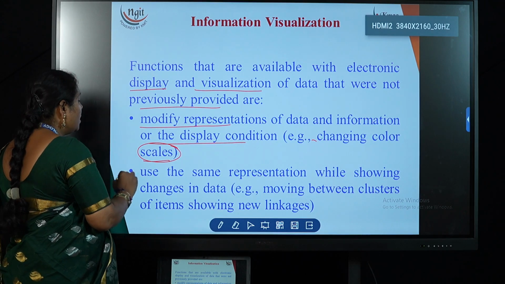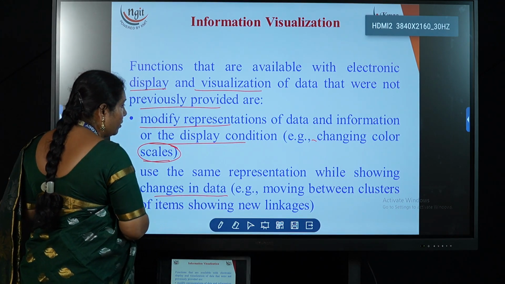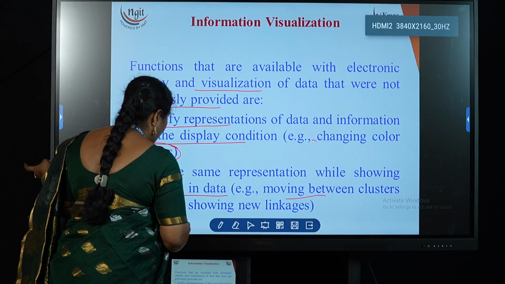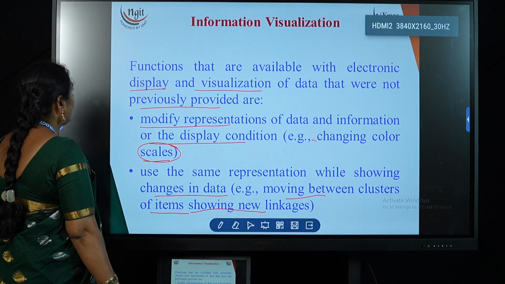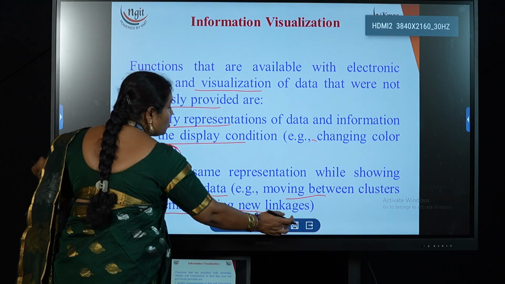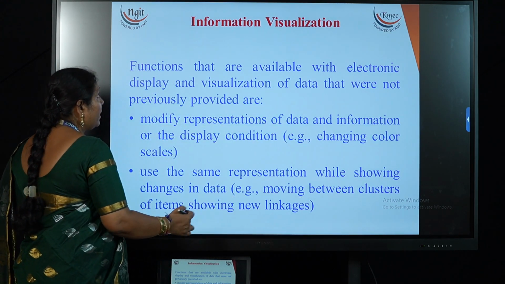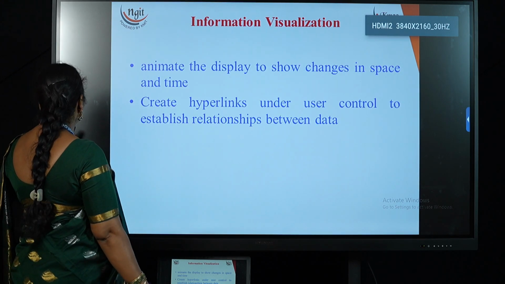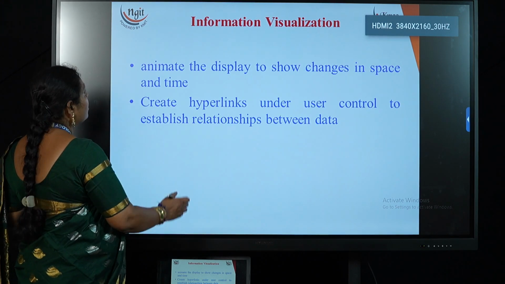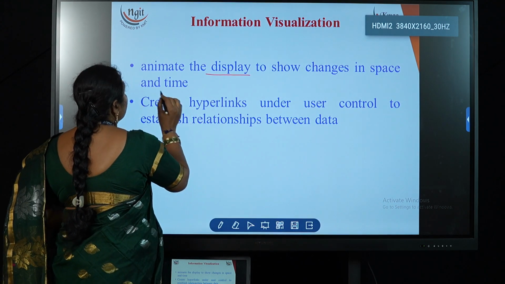Second point, you can also change the data that is moving between the clusters, or you can show new linkages of the items. These are the things that have been added in information visualization compared to the previous. Next, you can also animate the display, to show space and time.